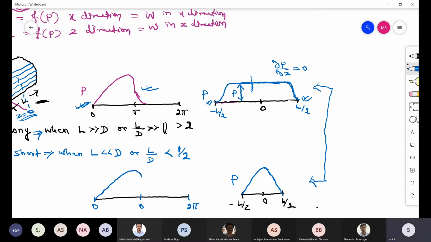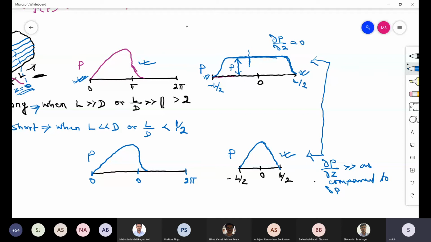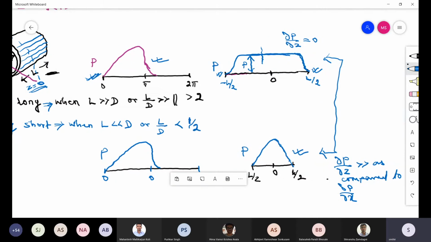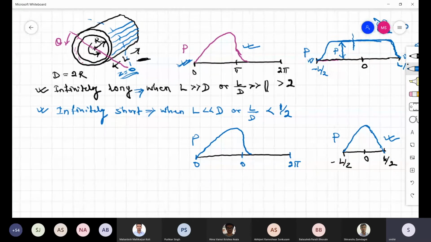Okay, this will be pressure development, but the problem is here del P upon del Z is very high as compared to del P upon del X. Okay, so as we are looking at making the equations one dimensional, what you can do, you can neglect actually del P upon del X. That is the trick.